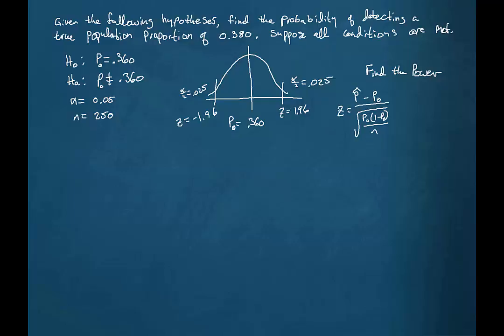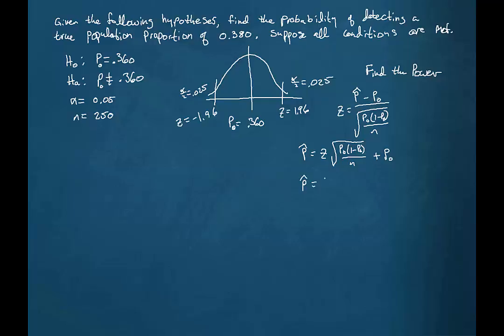What we know here is z, p0, and n. What we don't know is the sample proportion that would put us at these two spots here. And we could calculate that by rearranging this formula a little bit so that it would look like z times the square root of p0 times 1 minus p0 over n, plus p0.